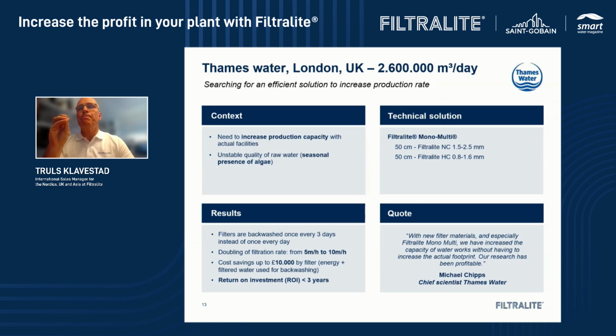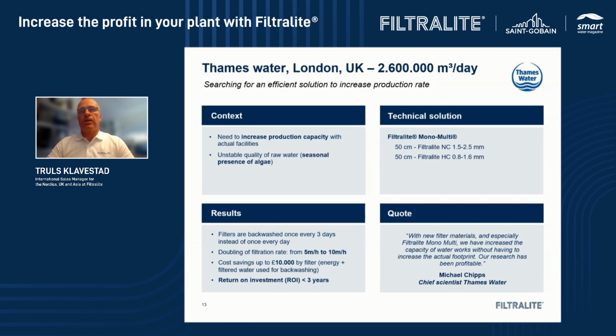That was only based on the saving in energy and the filtered water, because less backwash water is used and less treatment of the backwash is needed. So just the saving in energy and treatment of the backwash water saved them £10,000 per filter per year.